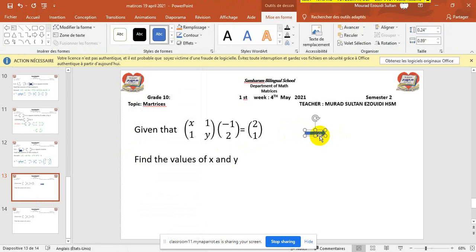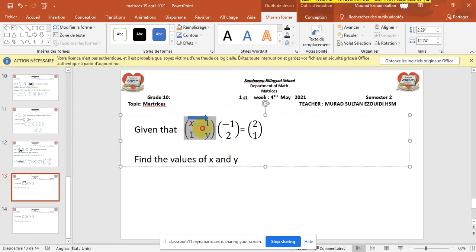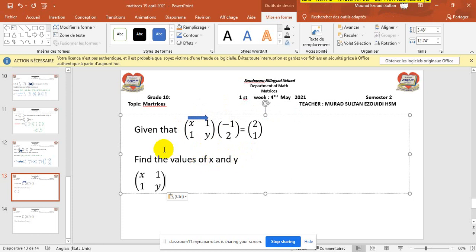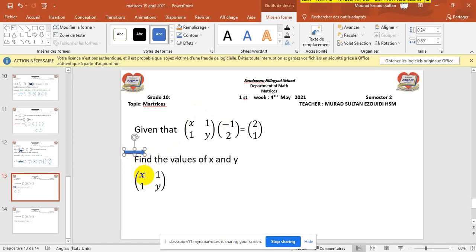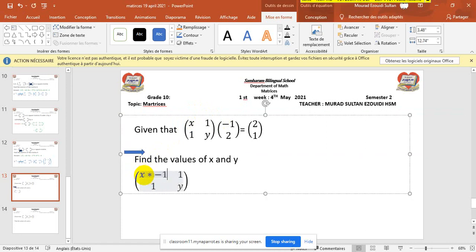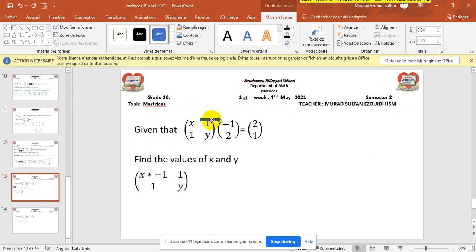Okay, look, Banat, you will take x, the first row, multiplied by the first column of the second matrix. Means what? I will just copy this here. Now we are going to answer, my daughters. You will make x, be careful, x multiplied by -1.